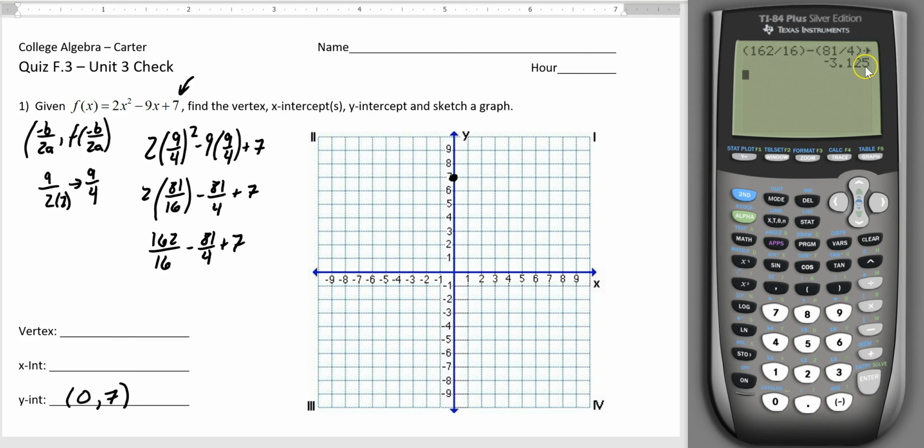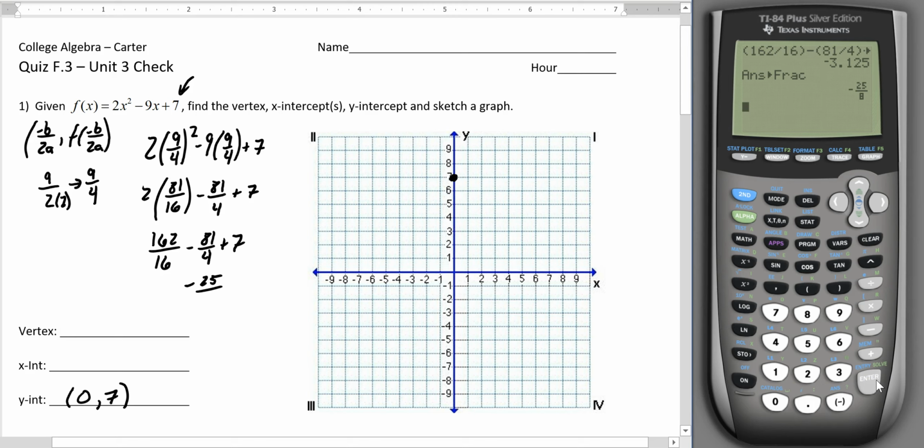It'll give me a decimal here, negative 3.125. All I need to do is remember math, frac, negative 25/8, and then I can just write that here. 25/8, beautiful. So my vertex would be 9/4, comma, negative 25/8. So 9/4, just a little more than 2, negative 25/8 is negative 3.125.